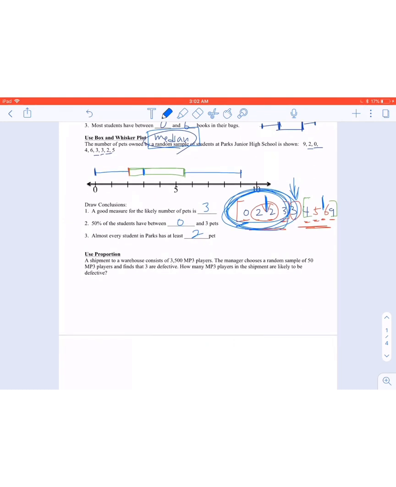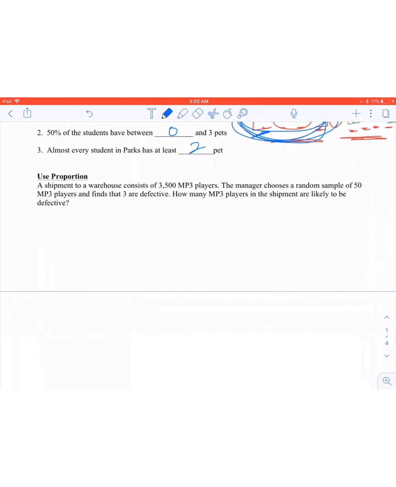Last but not least, let's answer this question where it says use proportions. A shipment to a warehouse consists of 3,500 MP3 players. The manager chooses a random sample of 50 MP3 players and finds that 3 are defective. Defective means they're broken. How many MP3 players in the shipment are likely to be defective?